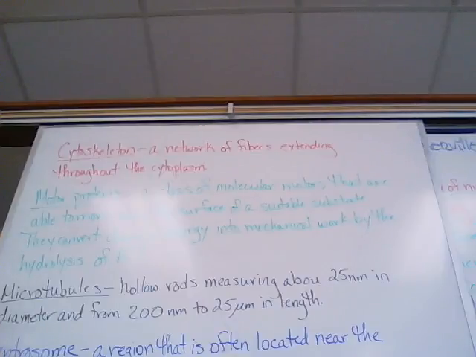All right, now we're going to move on to microfilaments, or the actin filaments. Microfilaments are solid rods about 7 nanometers in diameter. They are also called actin filaments because they are built from molecules of actin, a globular protein.